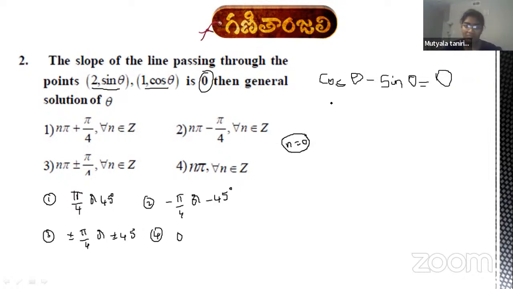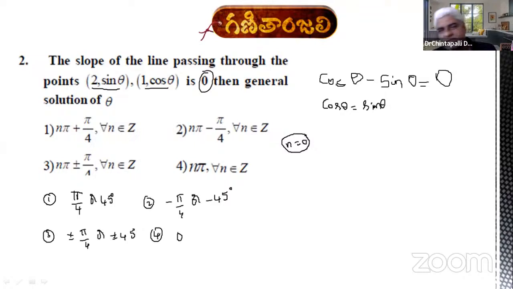Which yields the statement that cos theta is equal to sin theta. For which angle are cos and sin both equal? There is one particular angle: 45 degrees only.